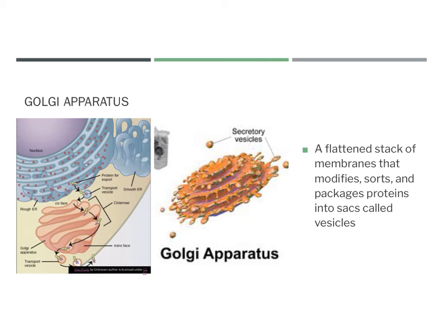The next organelle we're going to talk about is the Golgi apparatus. This one is a flattened stack of membranes that modifies, sorts, and packages proteins into little sacs called vesicles. So they modify, sort, and package proteins. That's the big one to remember. If you can remember into little sacs called vesicles, that is even better.